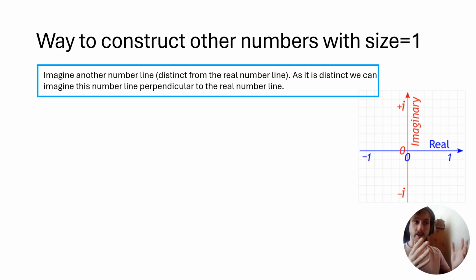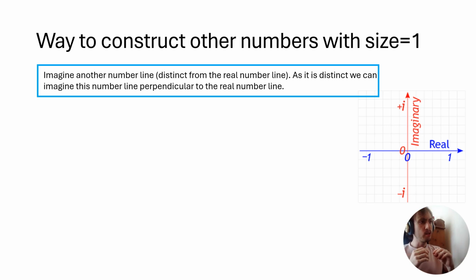However, it's a very interesting question whether imaginary numbers are in some physical sense real or not. Let us describe reality as we're exploring in this video. But the point is, we have a number line which is distinct from the real number line, and we call numbers on it imaginary, so the imaginary numbers are on the imaginary number line.